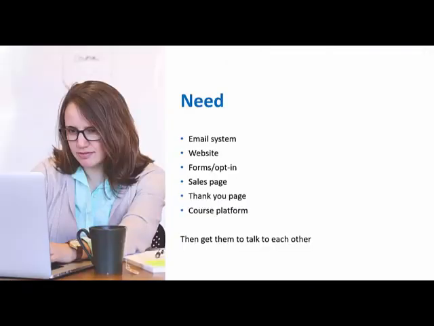So if you are looking at your online course, you will need some sort of email system, which System does. You'll need a website. You'll need some forms and an opt-in page because you need people to sign on somewhere. You need a sales page so that you can tell people about it. You need a thank you page to thank people for signing up, and you need a course platform, and then you need to get them to talk to each other. That costs money.